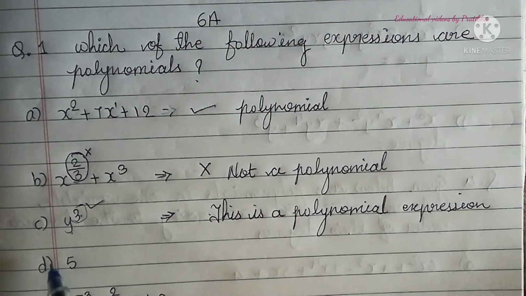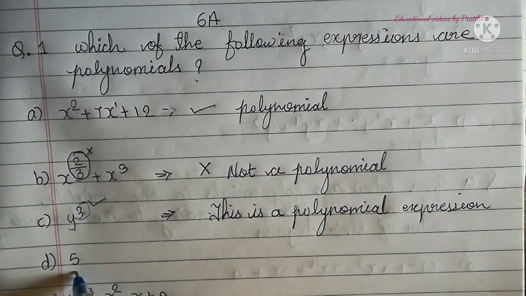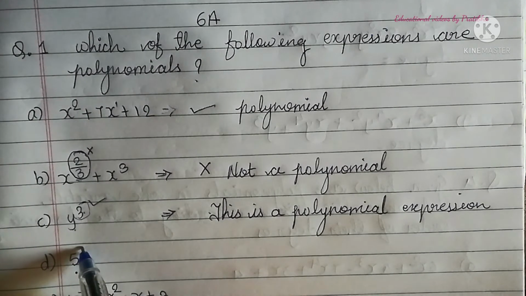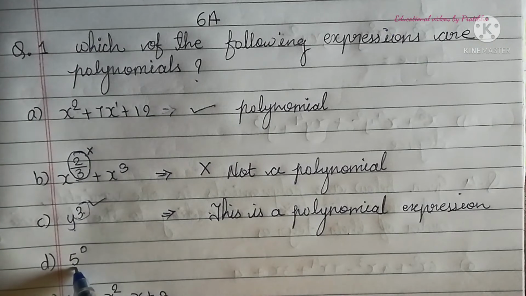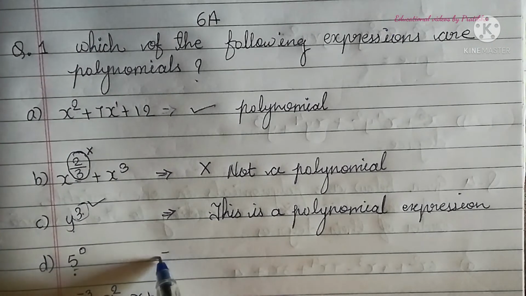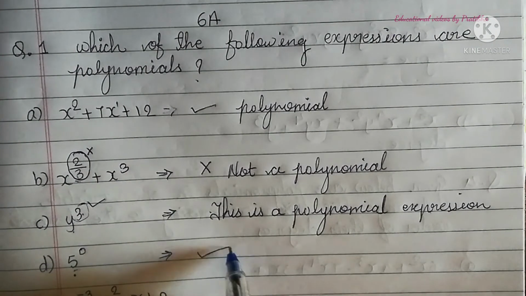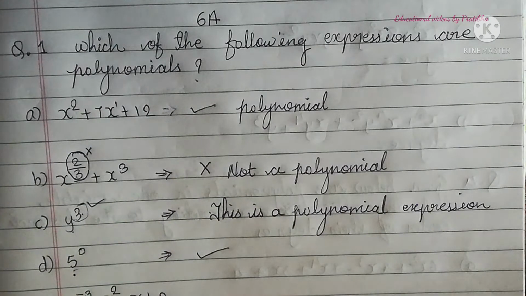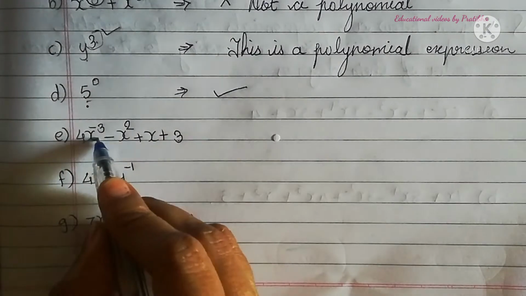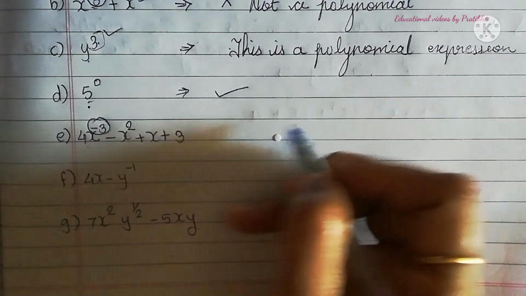Now for the next example, we'll just discuss whether it is a polynomial or not. 5 is a constant number. It does not have any variable, but its power is not a negative number. So that's why it is a polynomial. Next example is 4x minus cube.